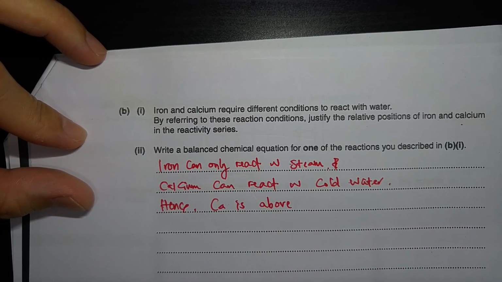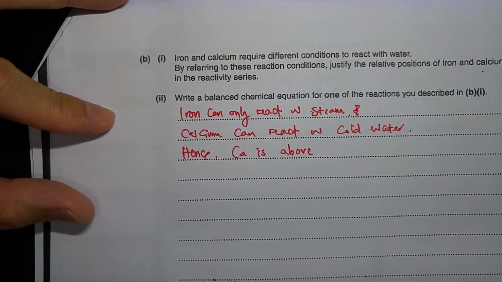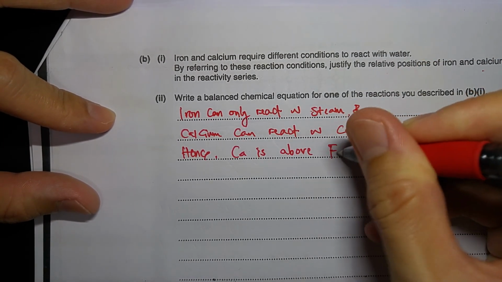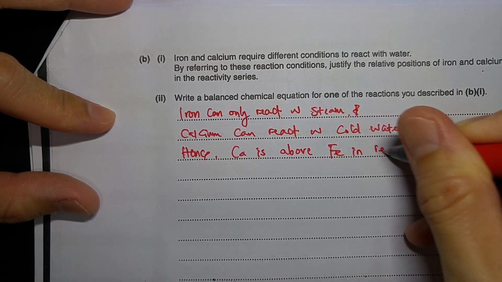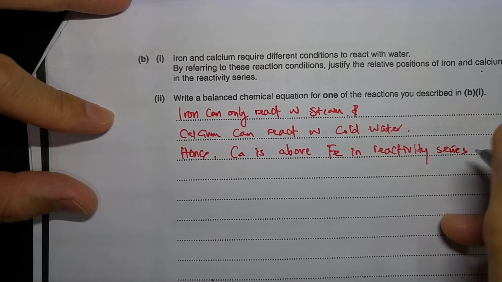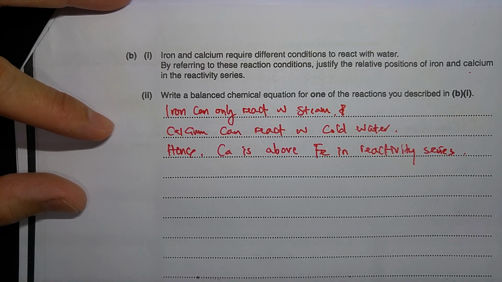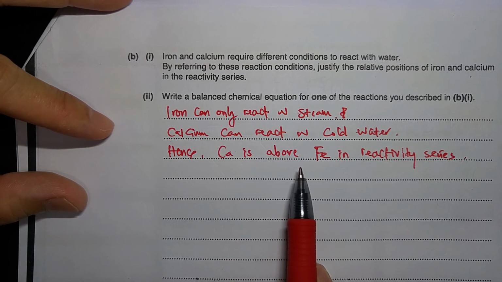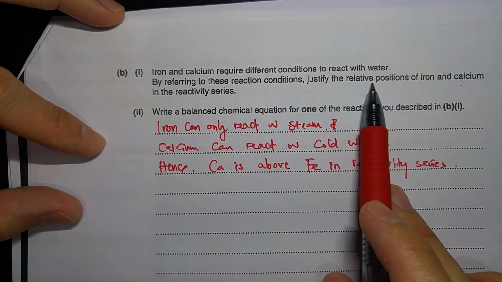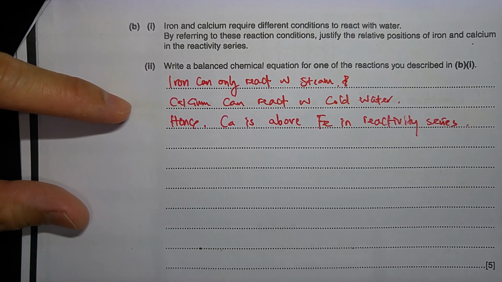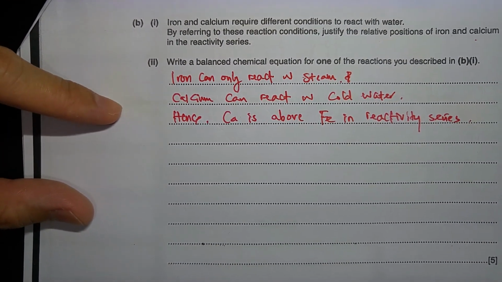Relative position in the reactivity series. So which means that you have to say above or below. So calcium is above iron in the reactivity series. Okay? You should not say calcium is more reactive than iron, because relative position, where are they in the reactivity series? So should be calcium is above iron in the reactivity series.